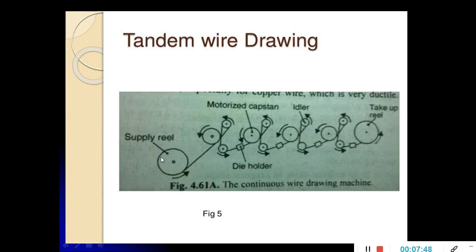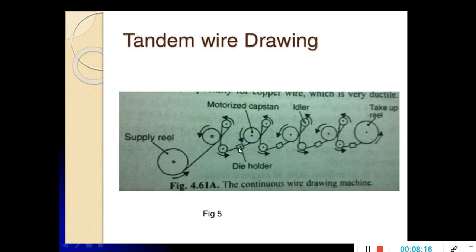Continuous wire drawing means the diameter of the wire decreases considerably to a small diameter in only one pass. It consists of a supply wheel, a take-up wheel, and motorized capstan wheels driven by individual motors, and a number of idler wheels are used. These idler wheels are not driven; they rotate only with the help of friction created by the wire, right?